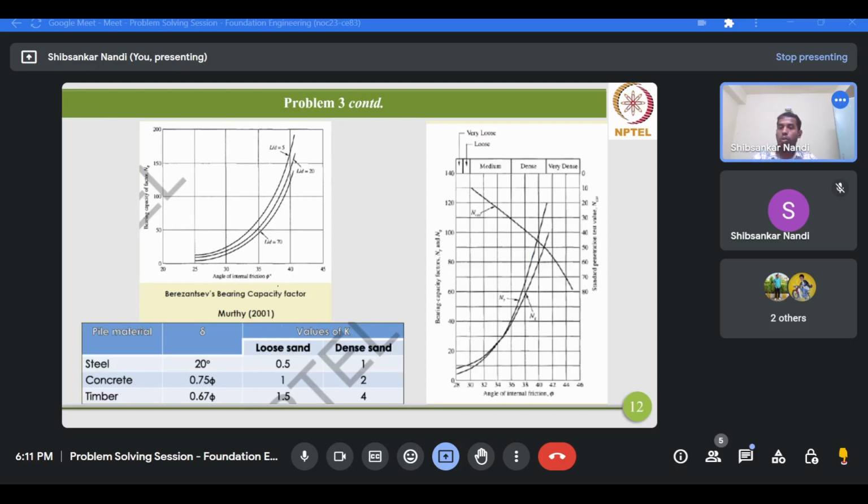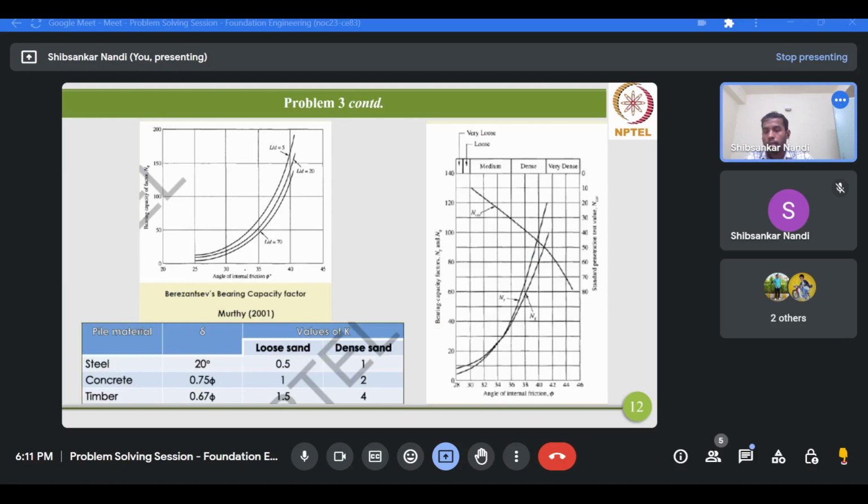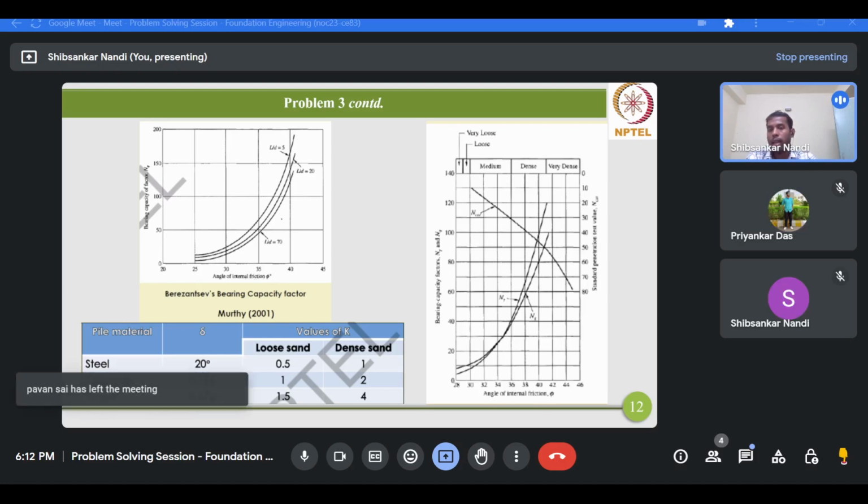And since we are considering Tomlinson's method, this NQ value you have to calculate from this chart. Okay, this is Janbu's bearing capacity factor chart, and this chart is basically given in the book written by Murthy. So you have to calculate this NQ from this chart. Now to calculate this NQ value, first you need to know the angle of internal friction phi and the L by D ratio.